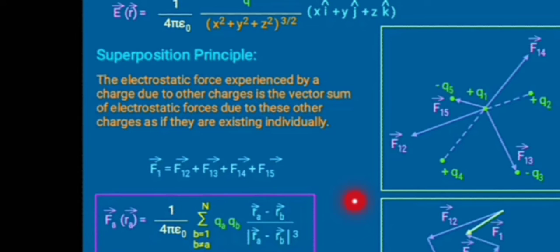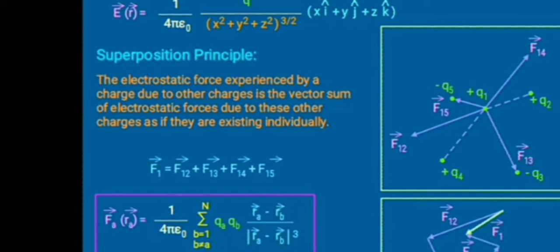Here the value of B varies from 1 to n. N is equal to 5. There are 5 charges and B is not equal to A. Force between the same charge is not considered. Interaction between the same charge is not considered here.